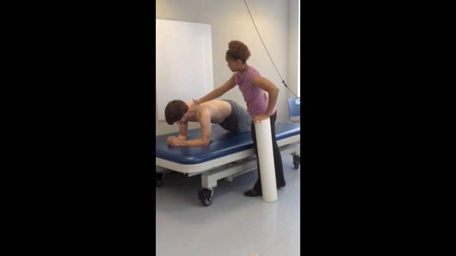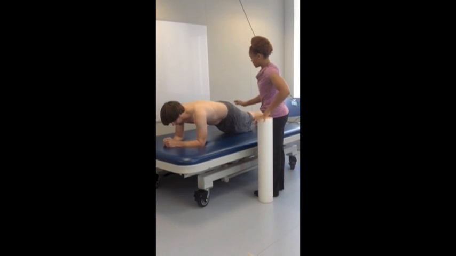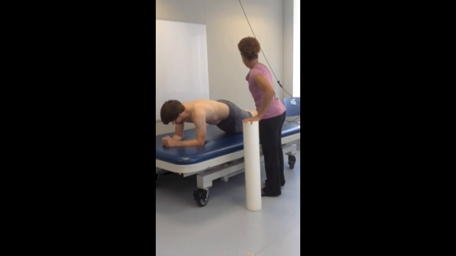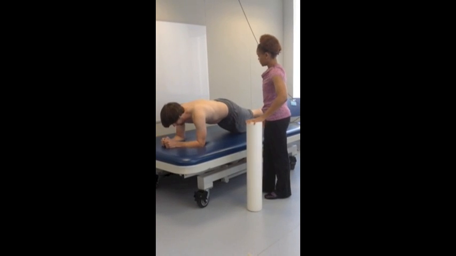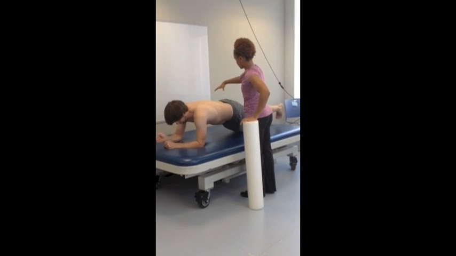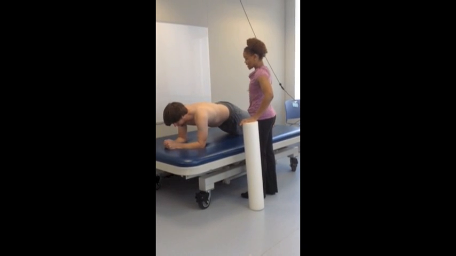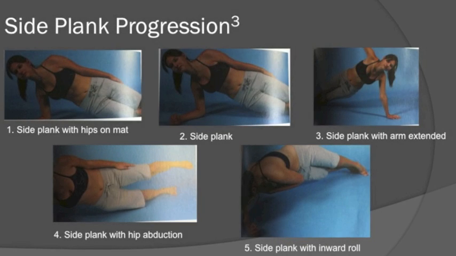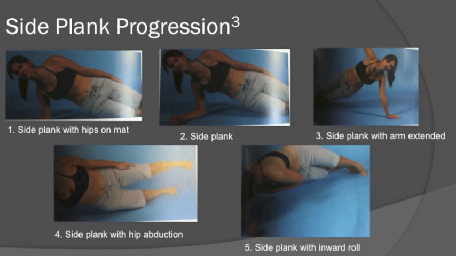Nice neutral spine and head position. Hips tucked under, abs strong in. You can alternate, good. And as best as you can, you try to keep everything straight. Good. As you can see, this is challenging. Good. You can relax.